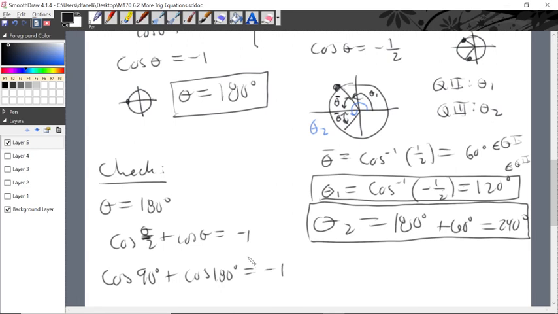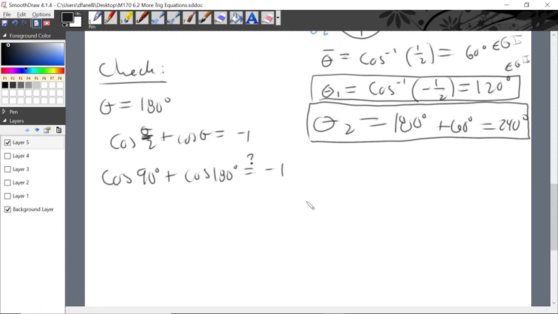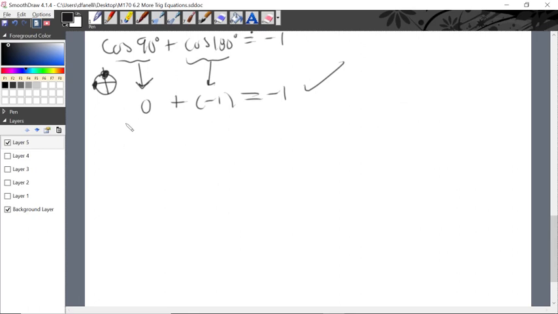And we're checking to see if that sum will equal -1. If we check the unit circle real quick, at 90 degrees the x-coordinate is 0, so the cosine of 90 is equal to 0. And at 180 degrees the x-coordinate is -1, so we have 0 plus -1, and that does equal -1. So therefore 180 degrees is a valid solution of the equation.